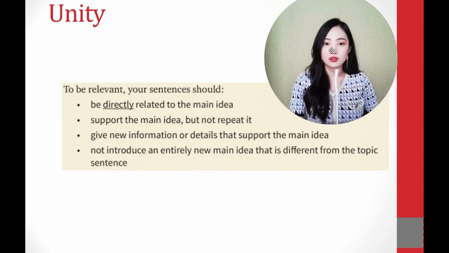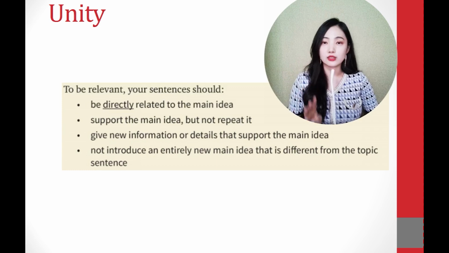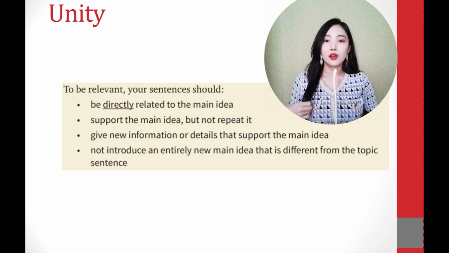Let's move on. So to be relevant, your sentence should have these 4 points. If your sentences are irrelevant, or if your sentences do not have unity, then you have to change them. How? You have to check them. And these are 4 standards. First one, let's go over it together. Be directly related to the main idea.